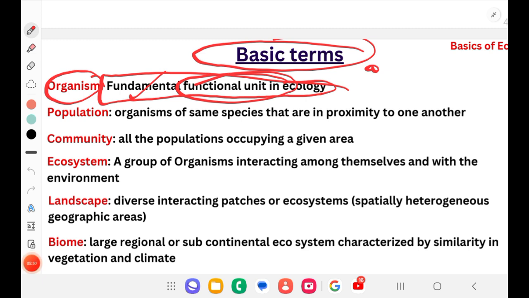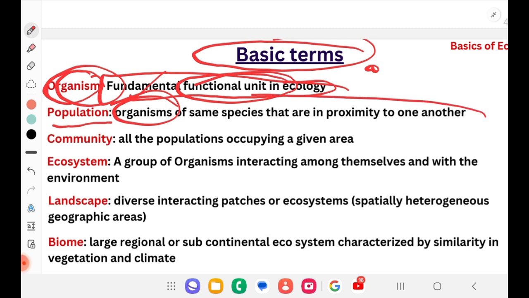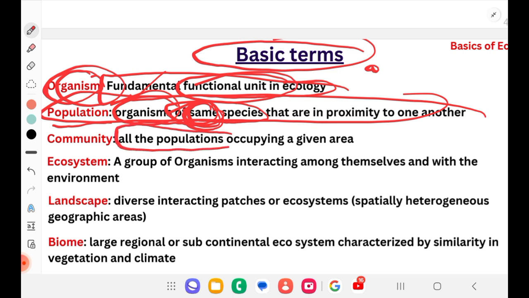Then comes what is population. If organisms combine to live in one single space, those are called a population: organisms of the same species that are in proximity to one another, living together. And the combination of all different populations is said to be a community. So what is a community? All the populations occupying a given area.